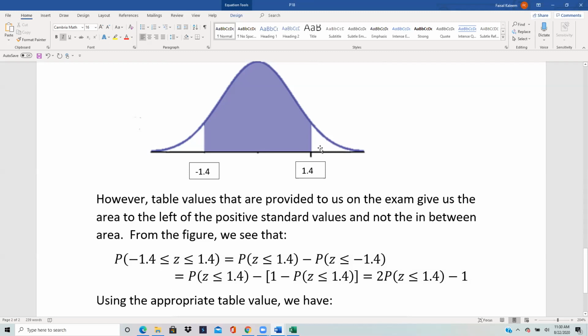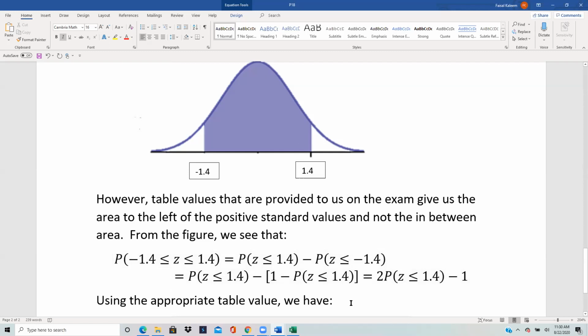So in the next step, I replace P(Z less than or equal to negative 1.4) by 1 minus P(Z less than or equal to 1.4). And then I already had this one. So this one and this one add up to 2 times P(Z less than or equal to 1.4), and then minus 1. And now I can use the value from the table.